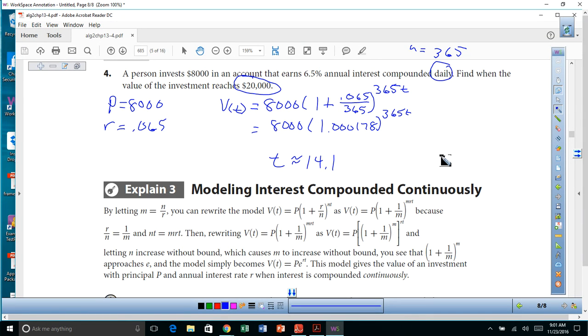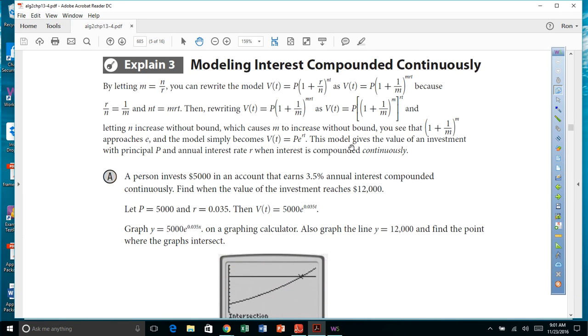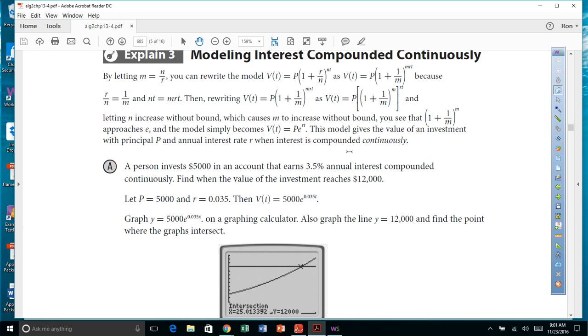Modeling interest compounded continuously. Now it's a party. By letting M equal N divided by R, you can rewrite the model V sub t equals P times 1 plus R over N to the NT power as V sub t equals P times 1 plus 1 over M to the MRT, because R divided by N equals 1 over M and NT equals MRT.